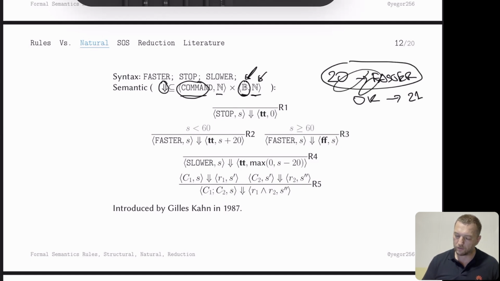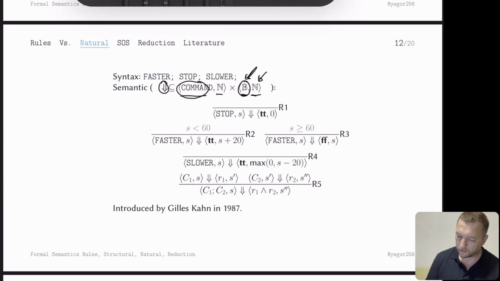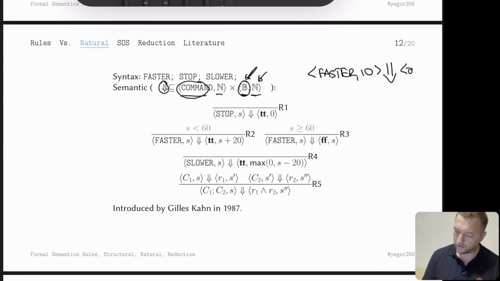Oh, maybe I didn't write it right. So let's say I tell the machine faster, and it already goes 10, and it tells me okay, and it goes 15. That's the idea. That's how we describe what's happening.